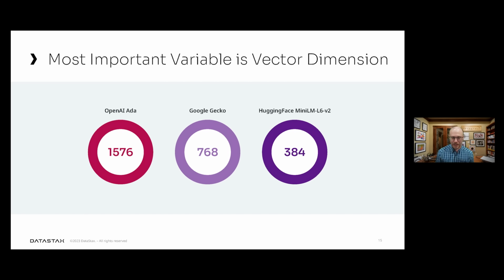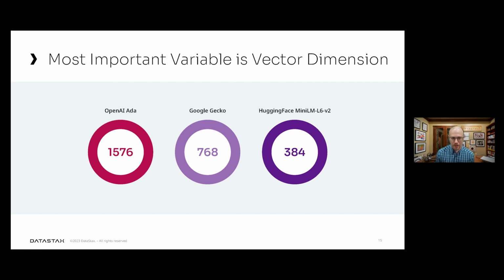And so other things being equal, I would prefer to use the Gecko embeddings, because every time that I'm doing a comparison as I'm navigating down that search index, I'm computing a cosine or a dot product of my query vector with the vector in the index. And so it's literally twice as slow to do that with 1576 dimensions as it is with 768.